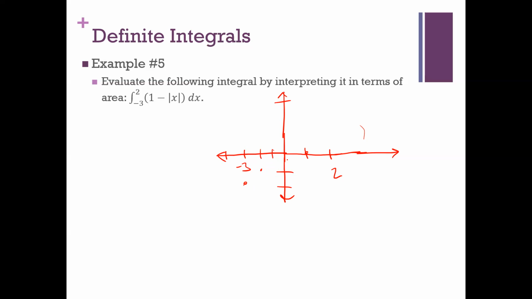When x is equal to -1, that is 0. X is equal to 0, I get 1. When x is equal to 1, I get 0. And when x is equal to 2, I get -1. All right, that makes this a lot more interesting. So there's my graph, right?